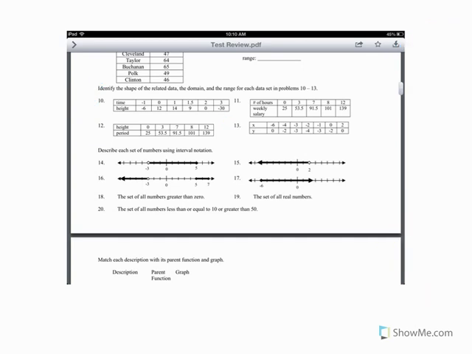14, 15, 16, 17, 18 and 19, guys, that's basically just saying what it is. So 15 is x is less than 2. 17 is x is greater than or equal to -6. 18 says the set of all numbers greater than 0.